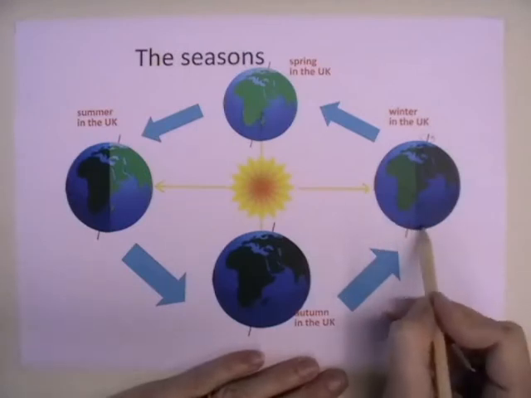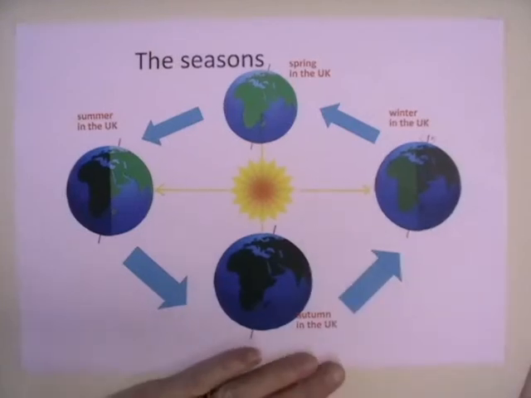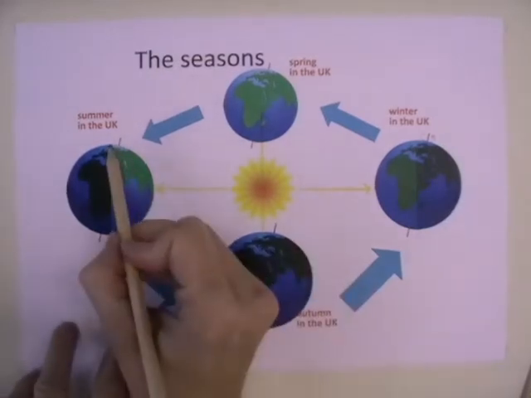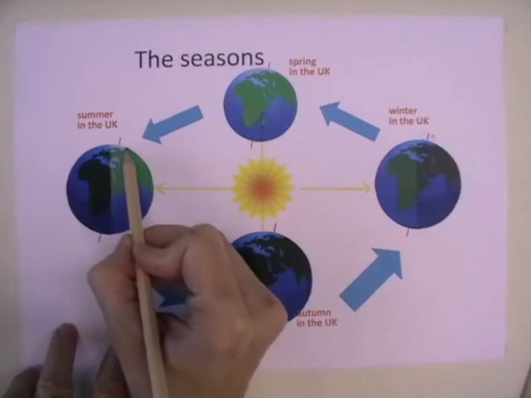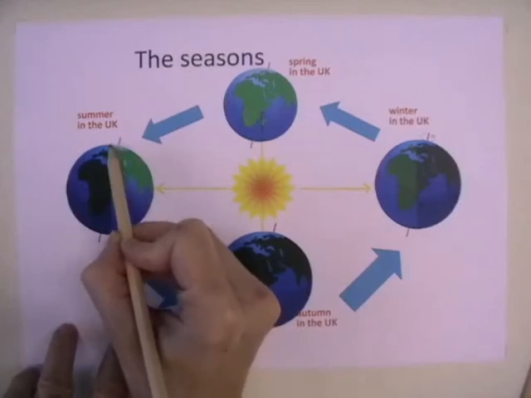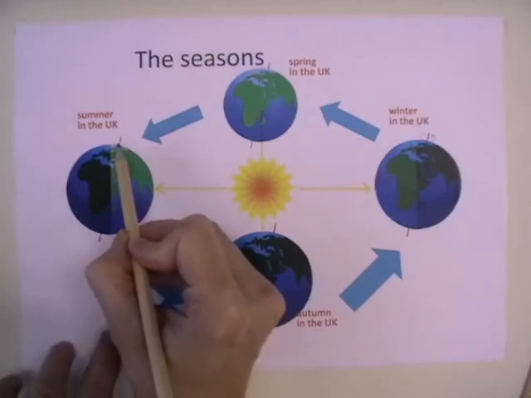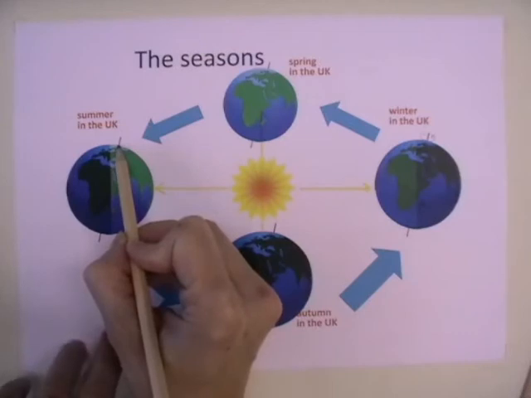Now, a very strange thing happens if you live within the Arctic Circle or the Antarctic Circle. If you live within the Arctic Circle, which is way up here, during our summertime when you rotate into the sun's light, you don't rotate out of it, you just continue rotating in the sun's light. So people in the Arctic Circle have 24 hours daylight during their summertime.